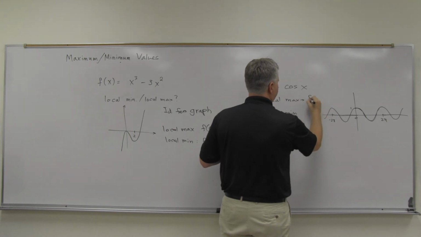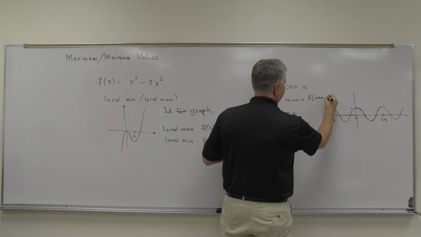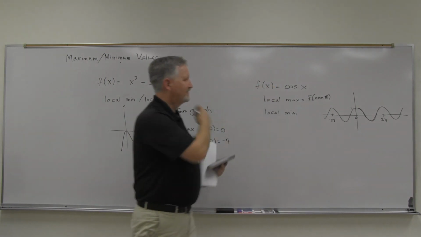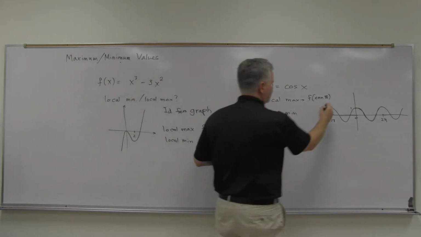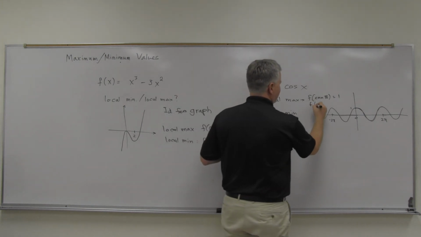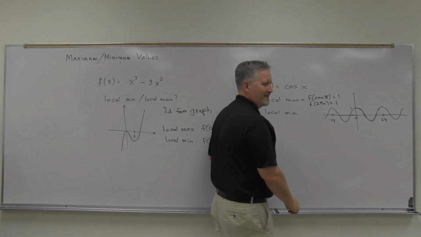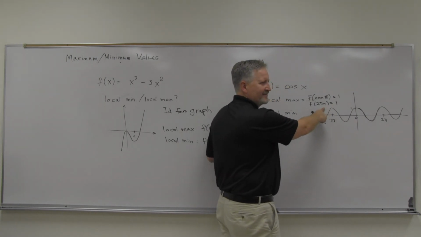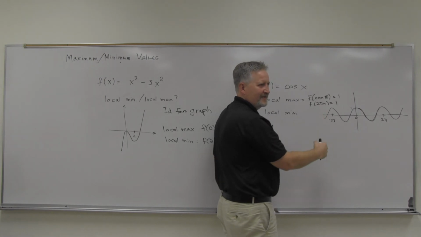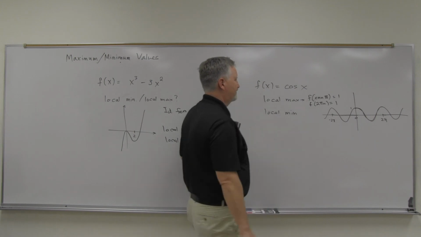So f of even pi's, and that maximum is 1. If you want to be a little more precise about it, 2 pi n, 2 pi times an integer, 1, 2, 3, right? That would give it.